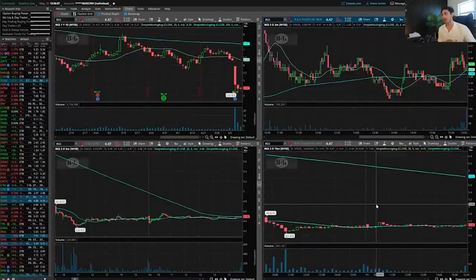You need to understand that I use multiple time frames. This is called multiple time frame analysis, and we're looking for multiple time frame alignment. I'm not just using one time frame. Throughout the trading day, I am always looking at the daily chart, and in the morning I'm focusing on the 1 and the 2-minute chart.